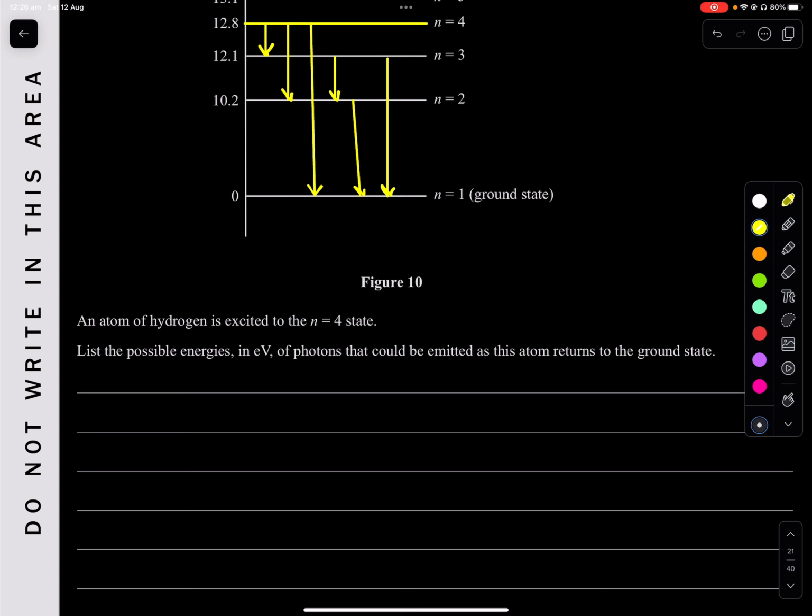So we have 12.8. Well, we'll do the first one. 12.8 minus 12.1, so 0.7.